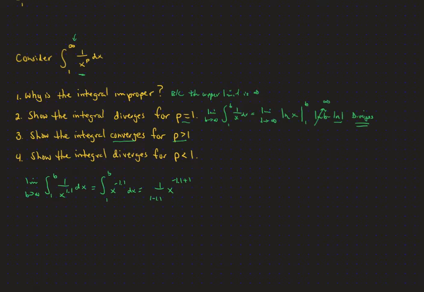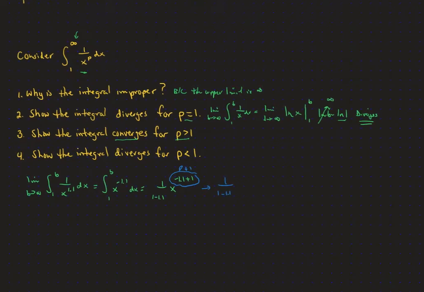But the important thing here is that if p is bigger than 1, then this exponent, negative p plus 1, is still going to be a negative number. And so that is going to be 1 over 1 minus 1.1, and it's going to be x to the something negative.